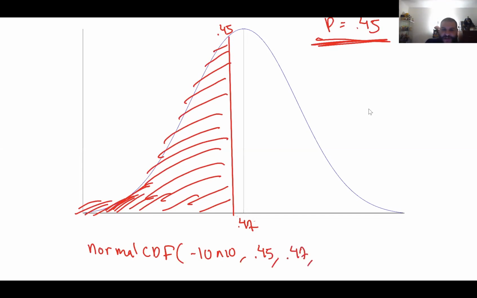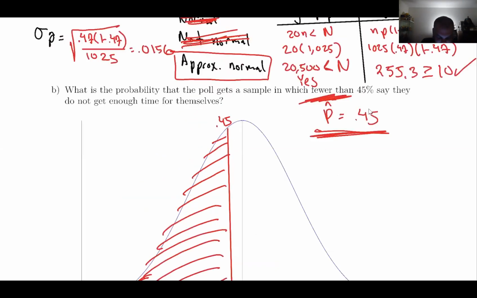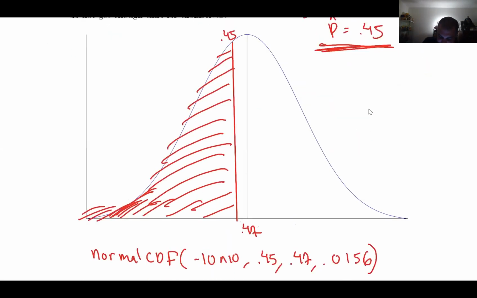And lastly, what should I put for standard deviation? 0.0156. And you close that parenthesis. Here, let me double check that. Yeah, there we go. Cool.